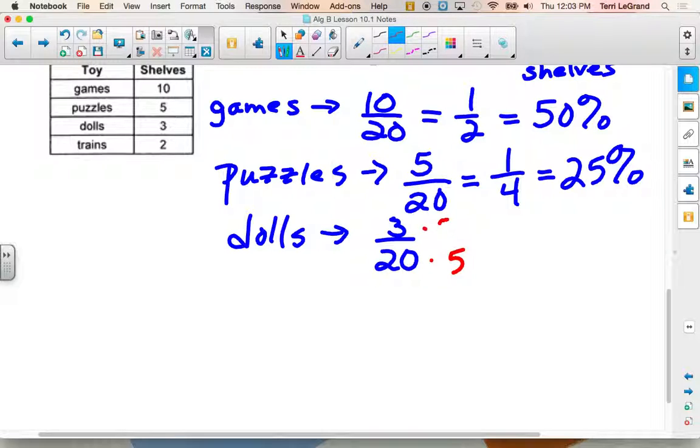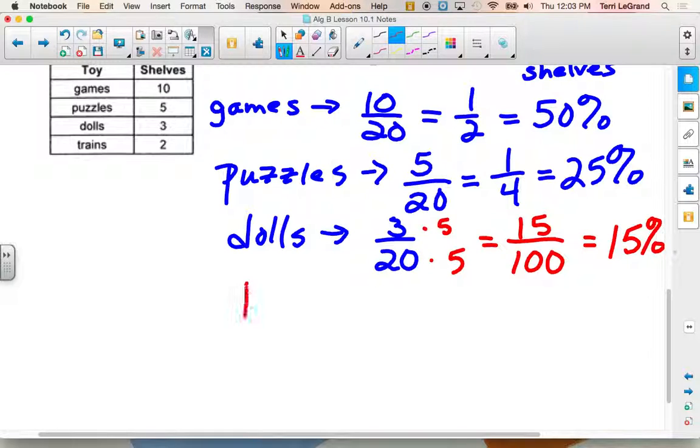So if we multiply downstairs by 5, we multiply the upstairs, so we end up with 15 over 100. So what percent is that? 15%. Out of 100, that's what percent means. 15 out of 100, 15%.